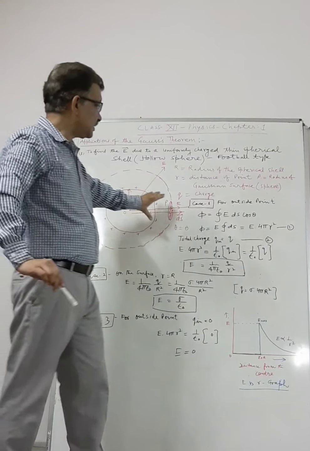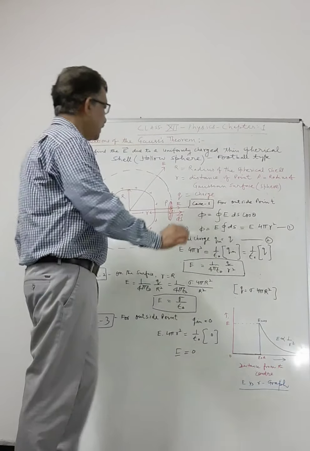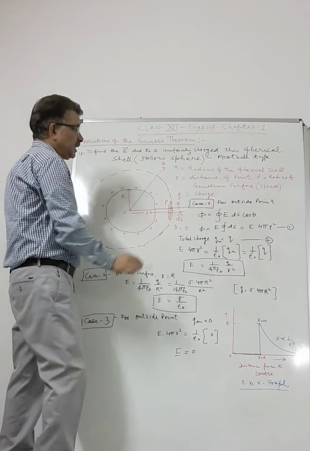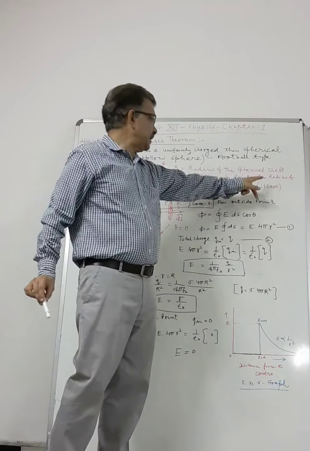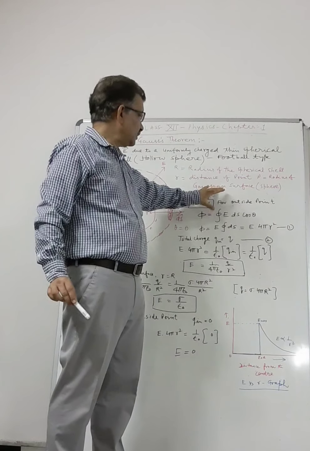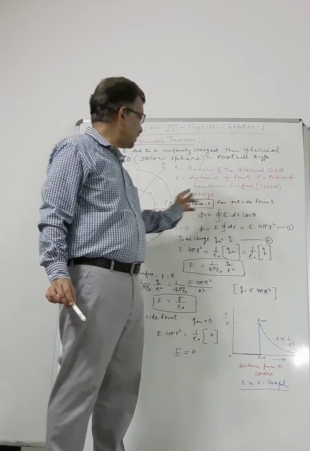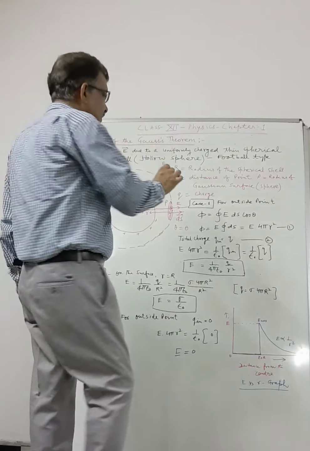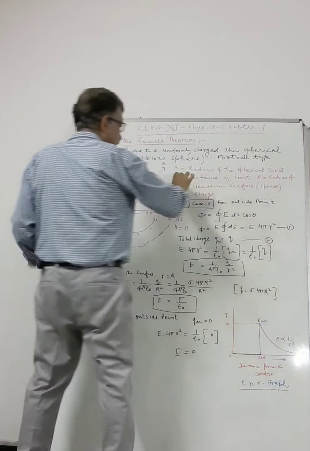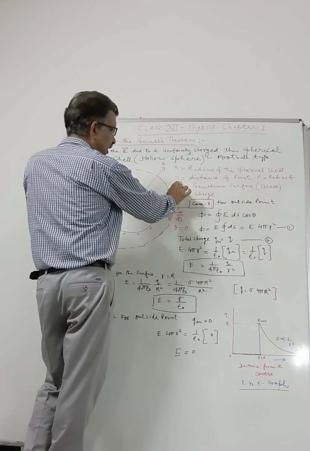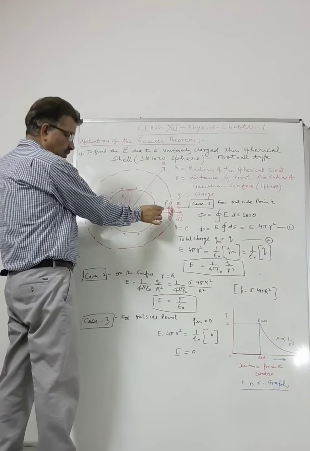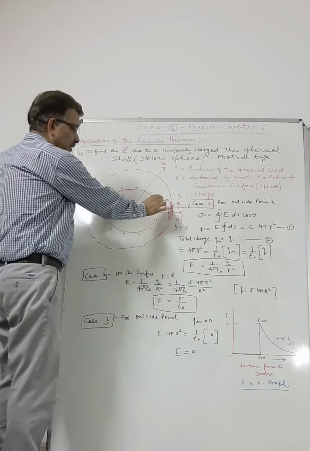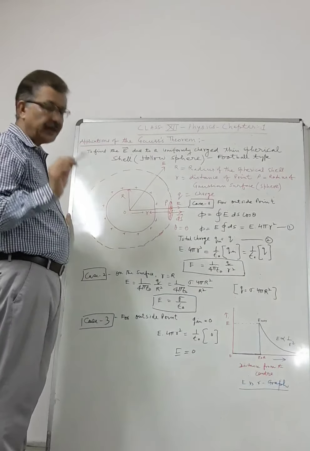Here in this case is a sphere of radius r, small r. So small r is the radius of the closed symmetrical Gaussian surface. And again here r is the distance of point P, where we have to find out the electric field intensity E.